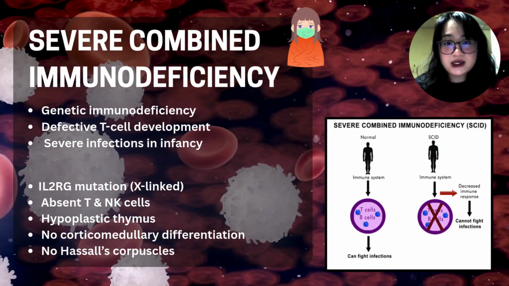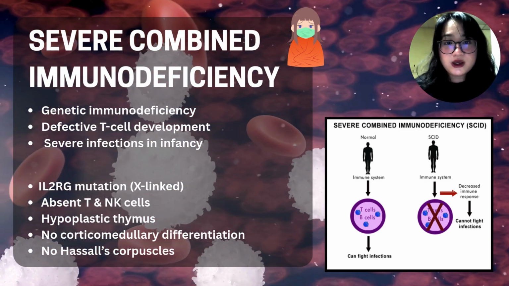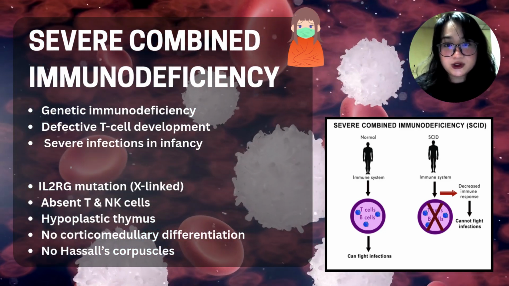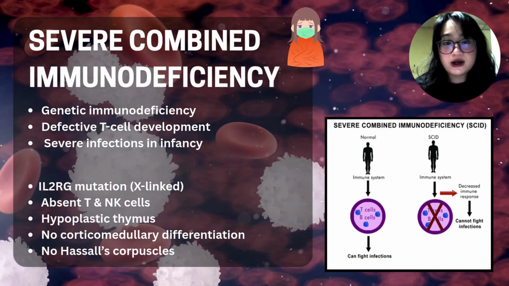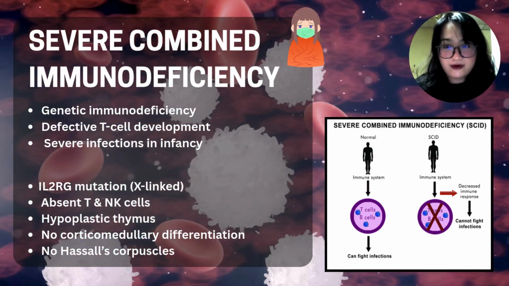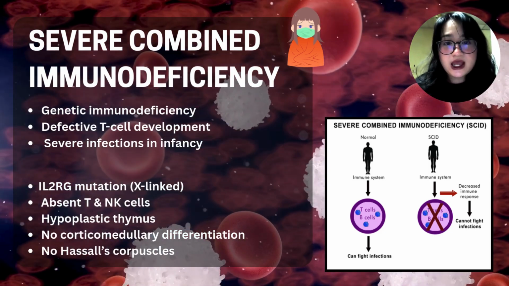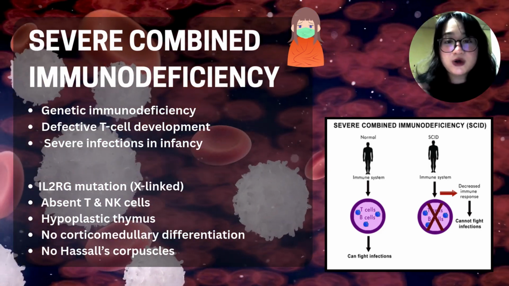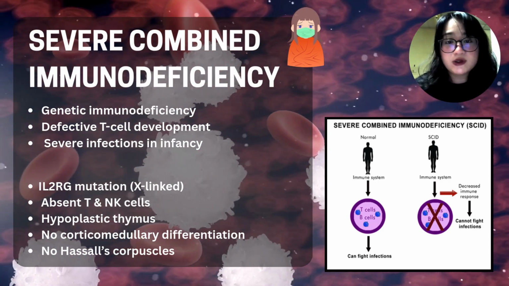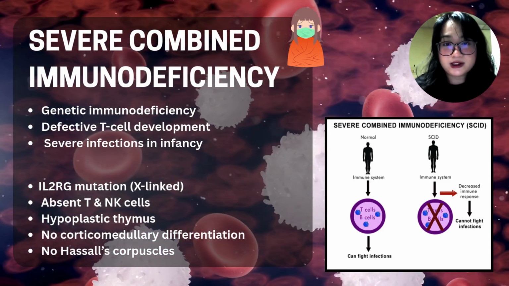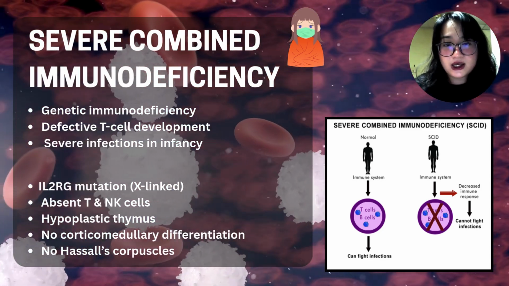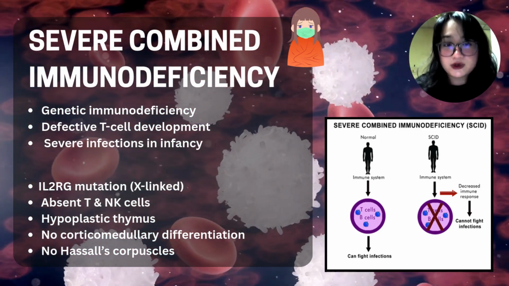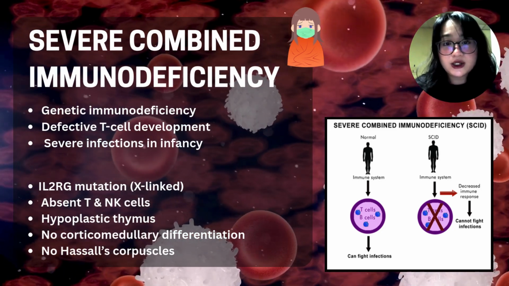Affected infants are unable to produce effective immune responses to infections during their early life. SCID has many forms, but one of the most common forms is X-linked, which usually happens in males. This disease is caused by a mutation in the IL2RG gene.